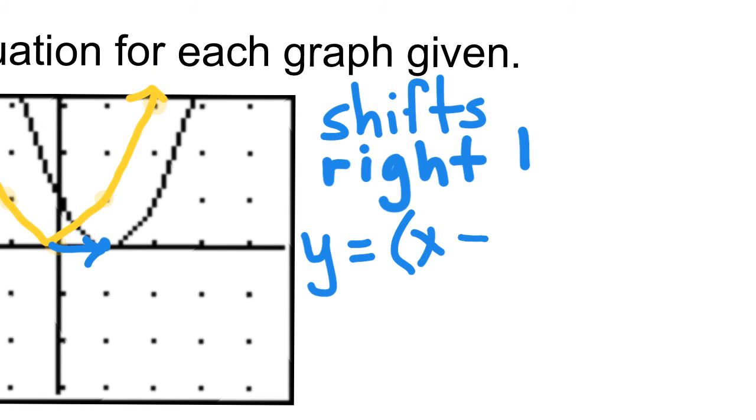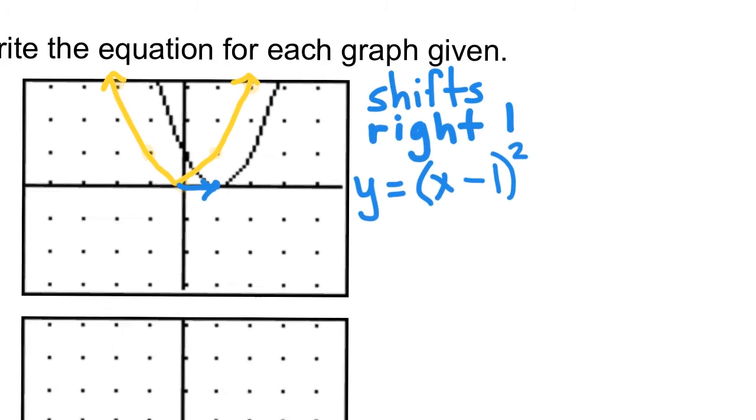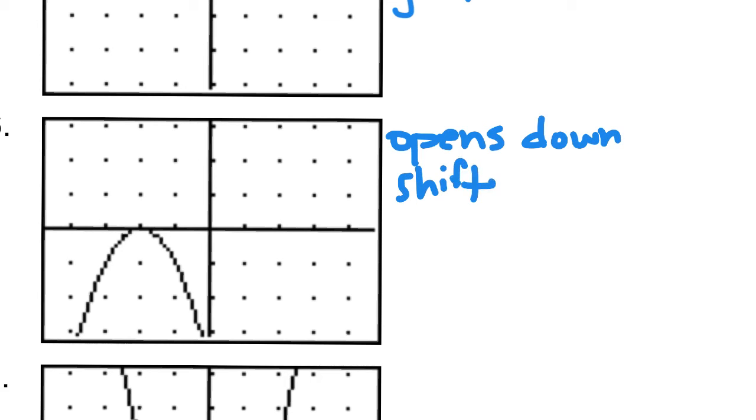We think plus 1, but it's counterintuitive. It is minus 1. And then don't forget that you're squaring the terms inside the parentheses. Let's look at the next graph. What changes have been made here? Well, one big one is that it opens down. And then another one is that it shifted to the left 2 units.